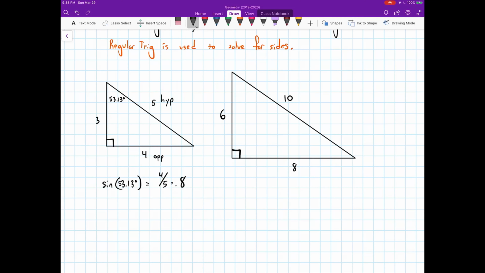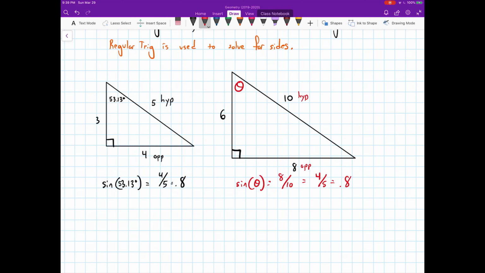If I keep that in mind, and then I look here, and I'll call this theta, what's sine of theta? Well, since I have these sides of this triangle, I know the opposite is 8 and the hypotenuse is 10, so 8 over 10. That's the same as 4 over 5, or 0.8.